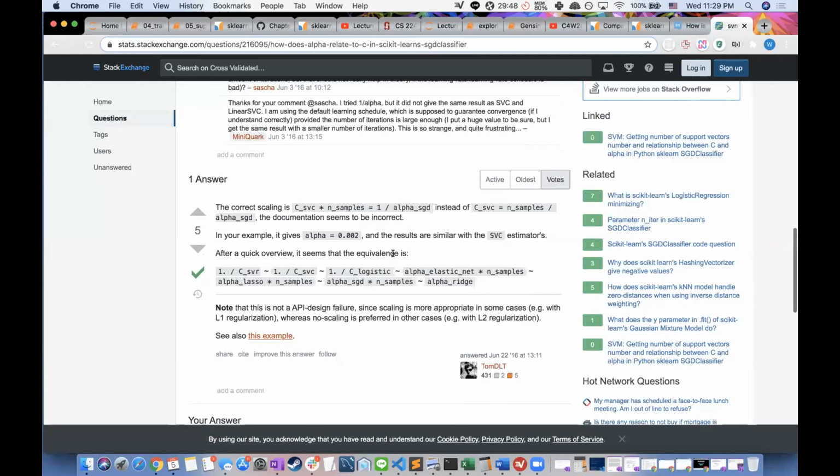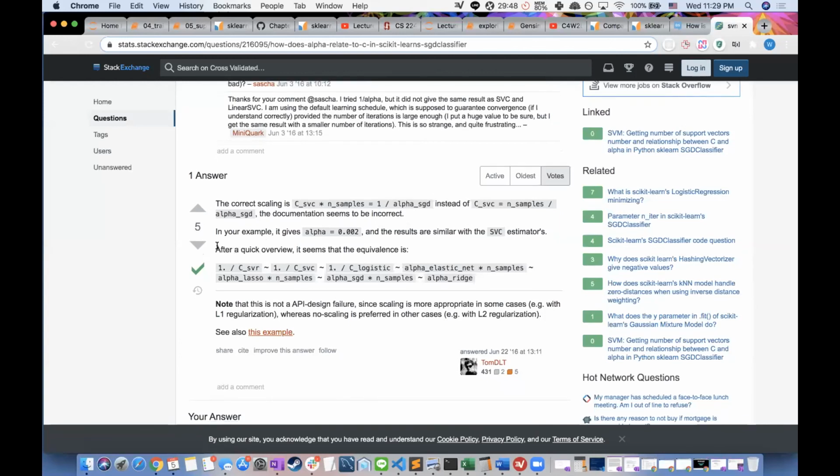What's interesting here is this person was saying that after a quick overview, it seems the equivalence is that C SVR is more so equivalent to C SVC and C logistic.